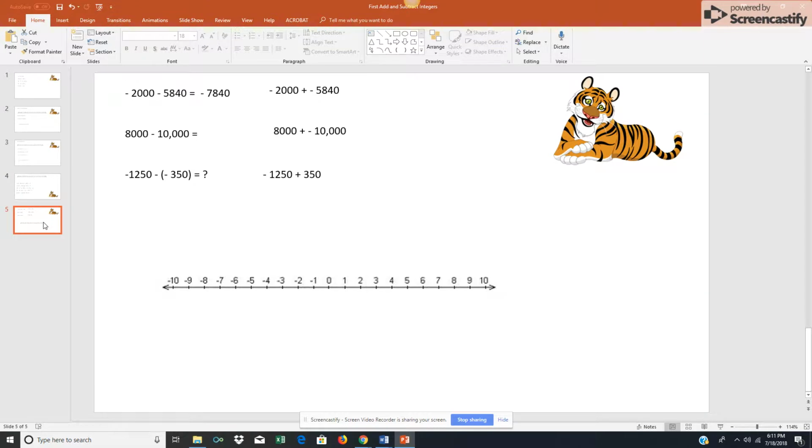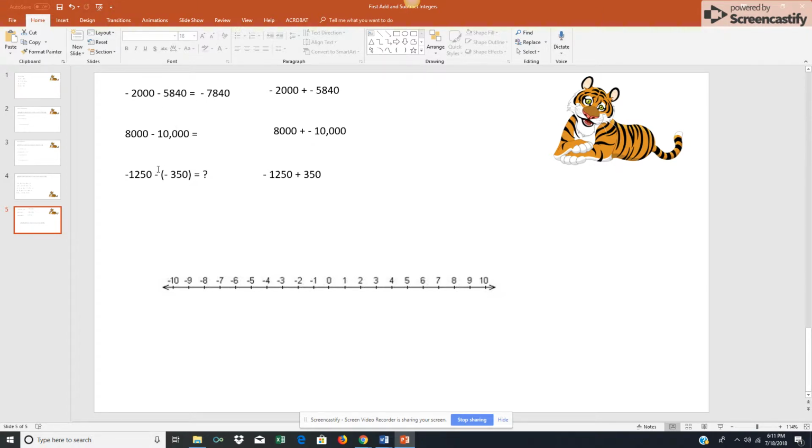Now, if you have large numbers, don't let that trouble you. Who wants to draw a number line with tick marks that go all the way up to 7,840, much less 10,000? Not me. You don't have to. If you think about it abstractly, the opposite of 2,000 and the opposite of 5,840 is the opposite of 7,840, or negative 7,840.